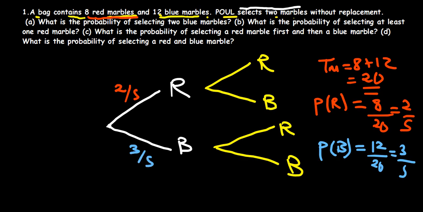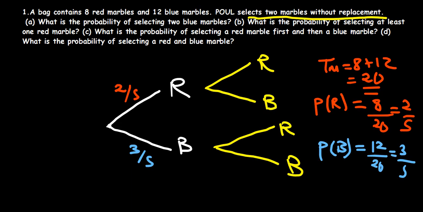Okay, so now you have to pay attention here, based on what you've been taught. Here they're saying Paul selects 2 marbles without replacement. Meaning if you select the first marble, you're not taking it back into that bag. You are holding on to it.